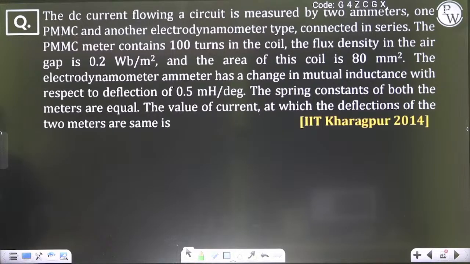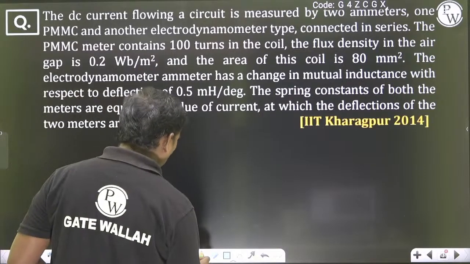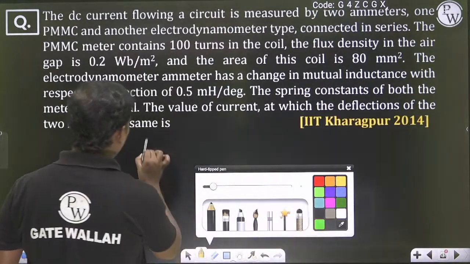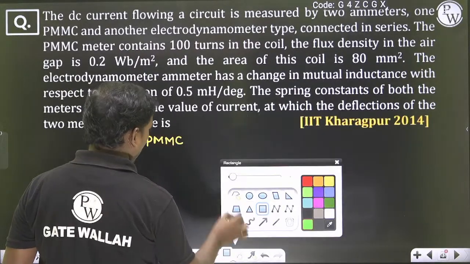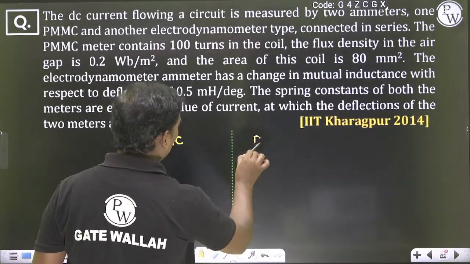This question is related to both, one is the PMMC, other one is the dynamometer. So the DC current flowing in a circuit is measured by 2 ammeters, one is PMMC and other one is dynamometer.